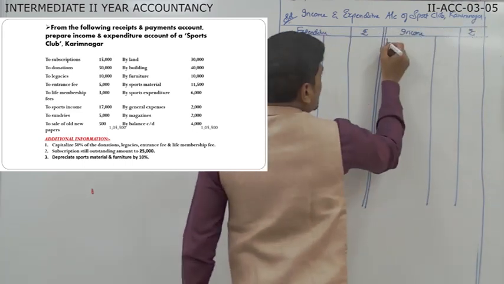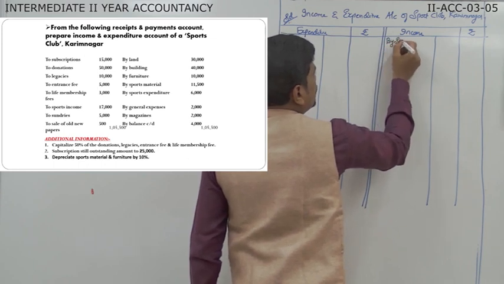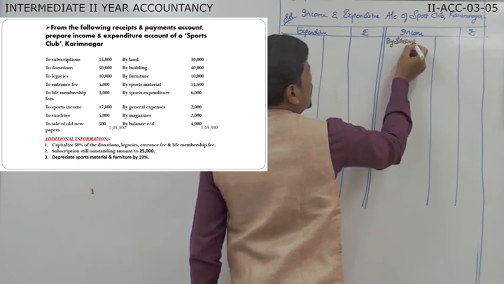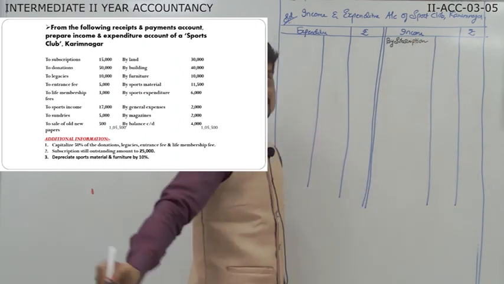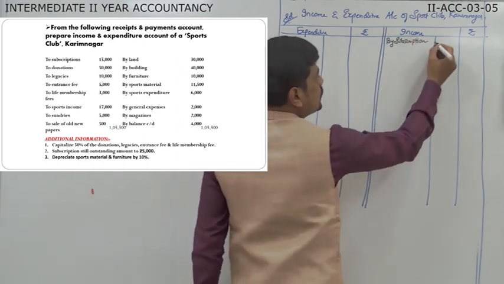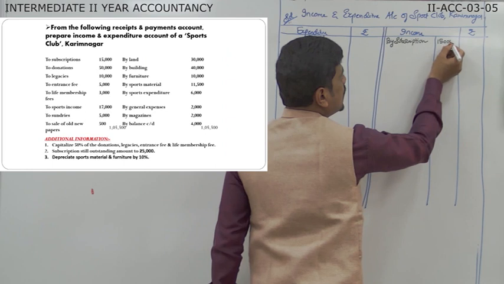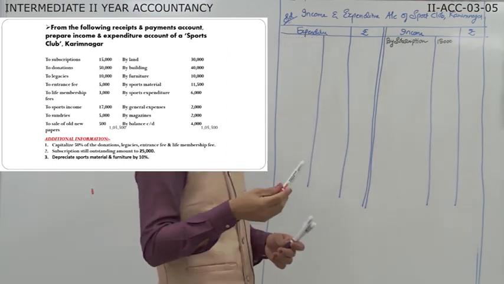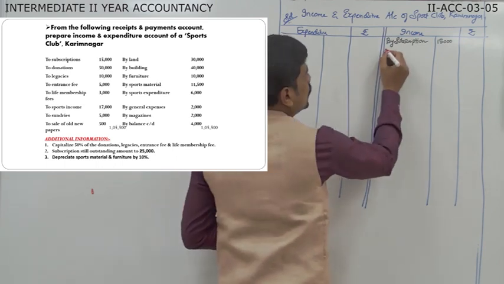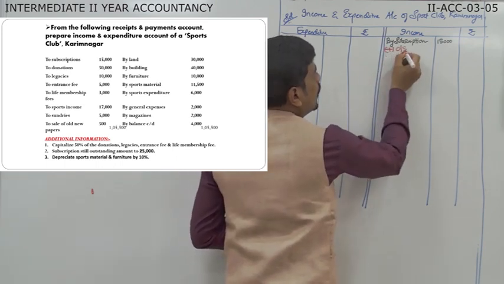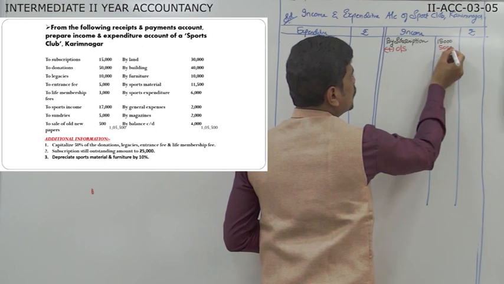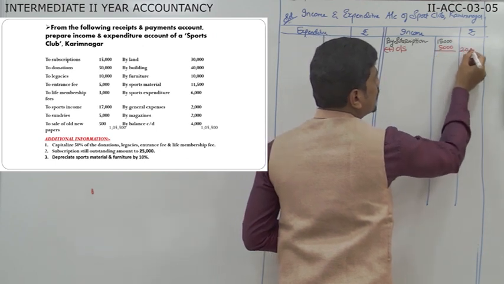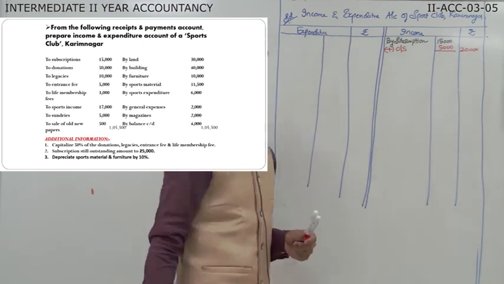Income: by subscription, amount is 15,000, which I took in the inner column. Adjustment says 5,000 is still outstanding. So add outstanding 5,000, and the total becomes 20,000.